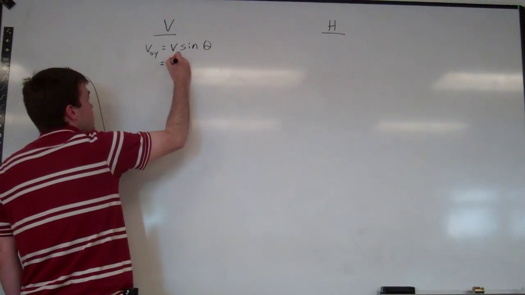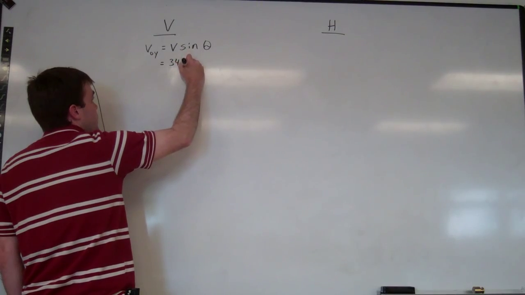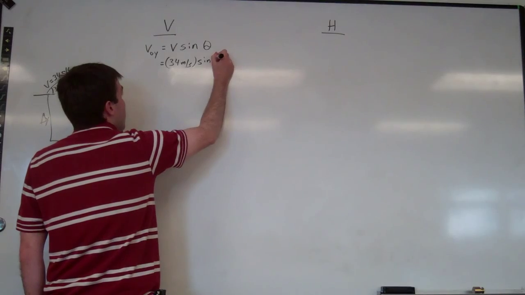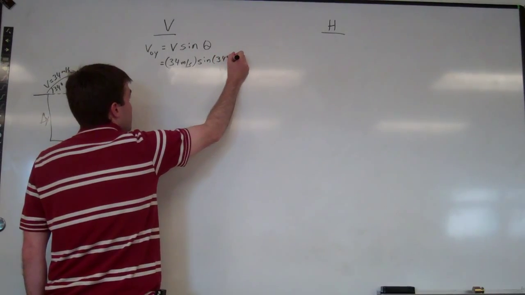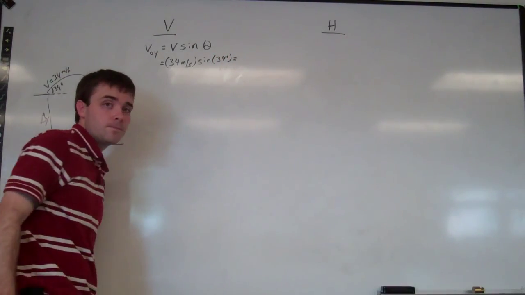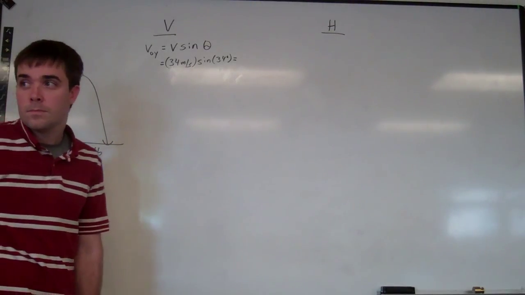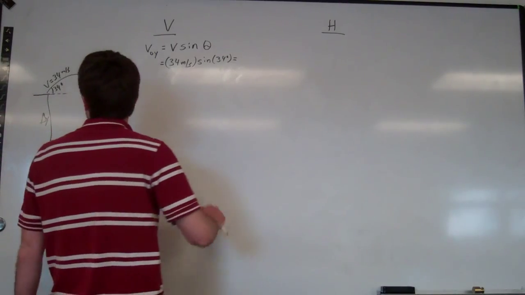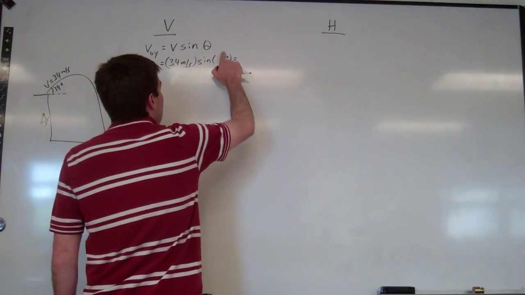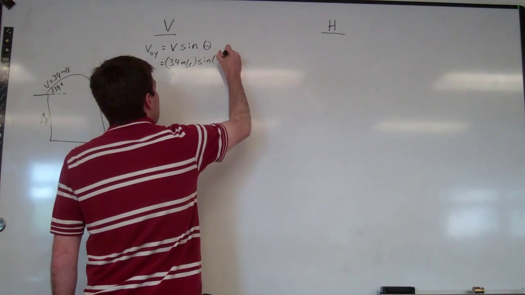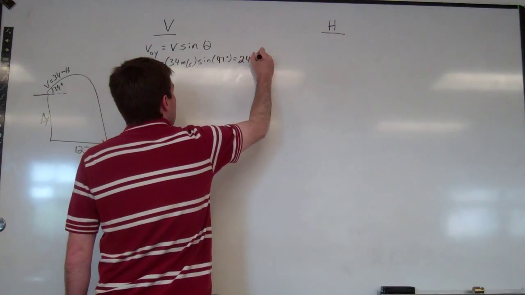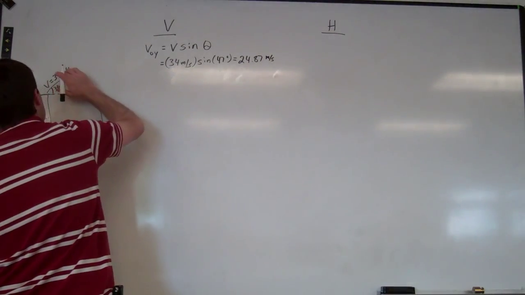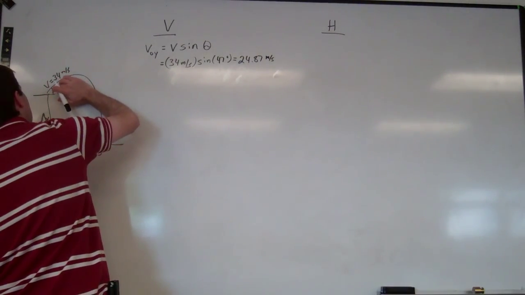The initial velocity is 34 meters per second times sine of 34 degrees. And what's that equal? I think it's 47 degrees. Is it 47? Yes. Looking at the wrong one. Yes, it is. 24.8 meters per second.